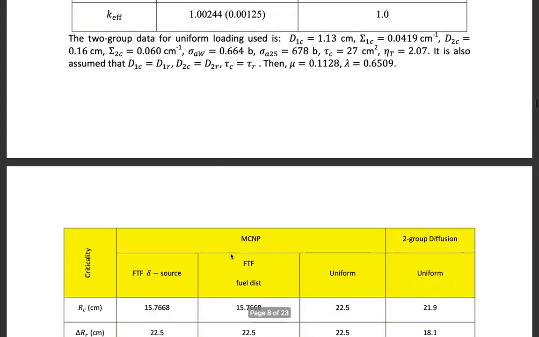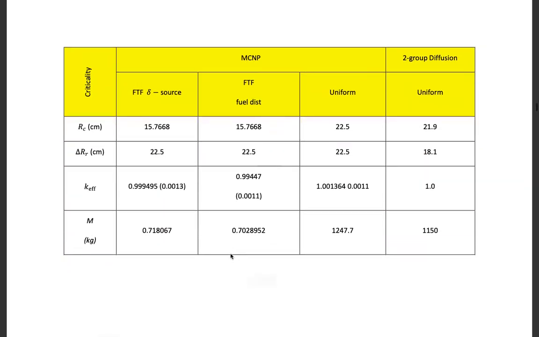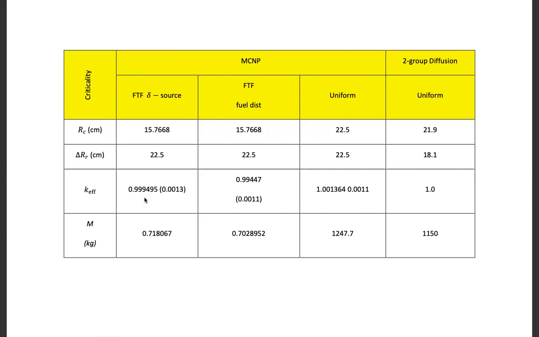And then what I did was that, Lamarche results are here: 21.9 centimeters radius, reflector, K. And Lamarche says that with 1.15 kg or 1150 grams of U235, you get criticality for a uniform case.